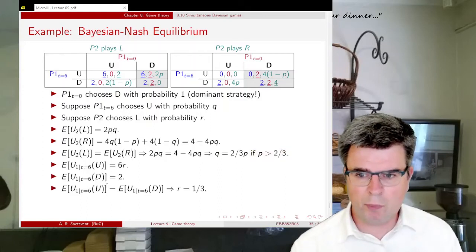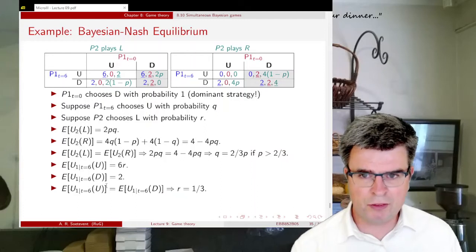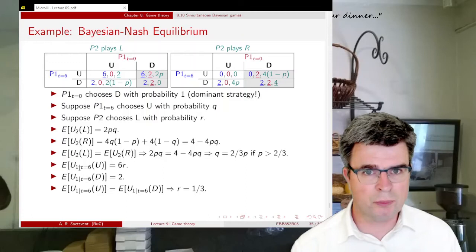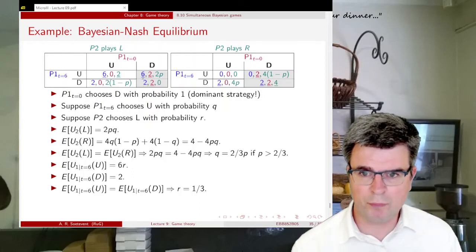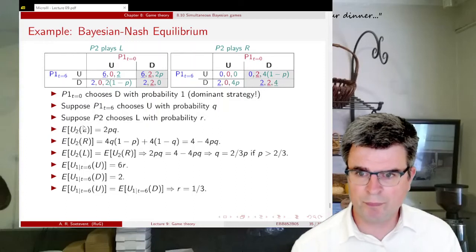Now for player 1, given that he's of type T is 6, we can also compute his expected utility. If he plays up, then if player 2 plays left, the payoff to player 1 will be equal to 6.